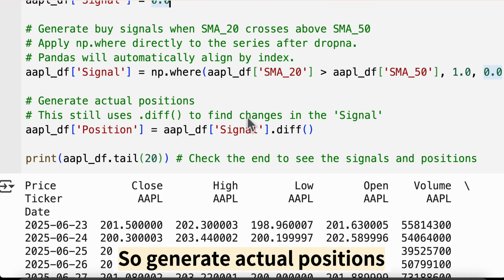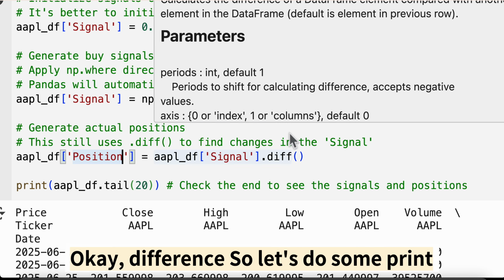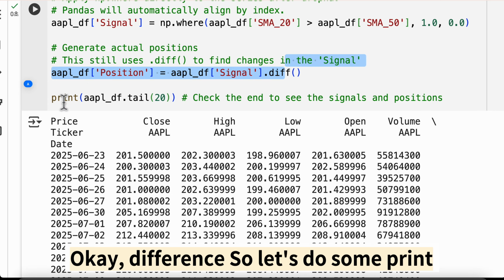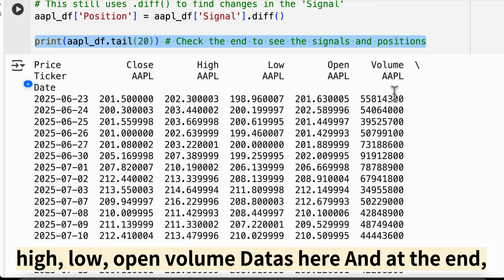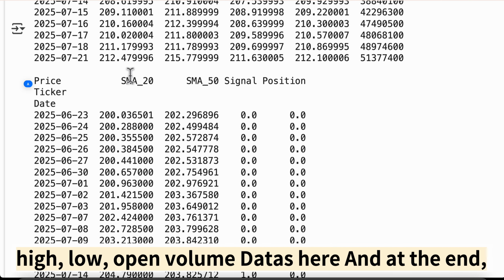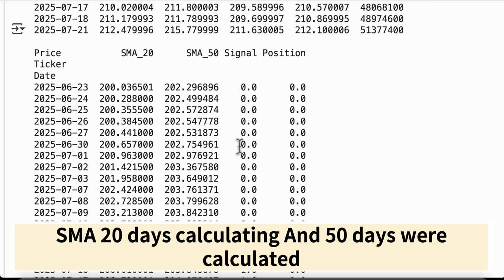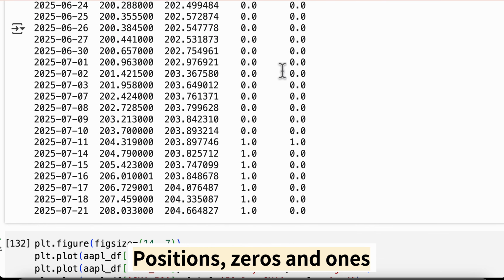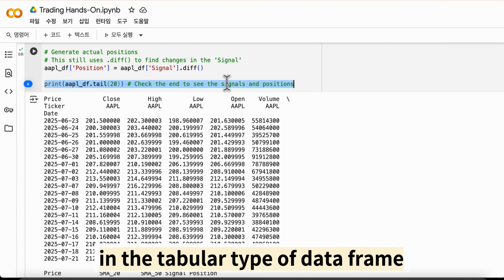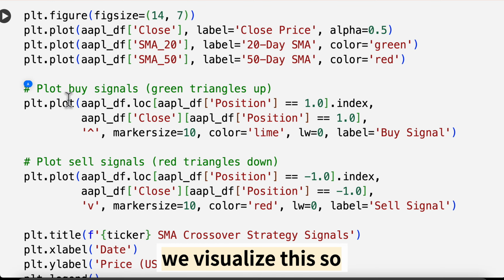Then generate actual positions: apple_df position equals apple_df signal dot diff, the difference. Let's print, and you'll see all the data with the close, high, low, open, volume. At the end, the SMA 20 days and 50 days were calculated, and the signals, you see the zeros and ones. Positions, zeros and ones. You calculate everything in a tabular data frame, and then we visualize this.